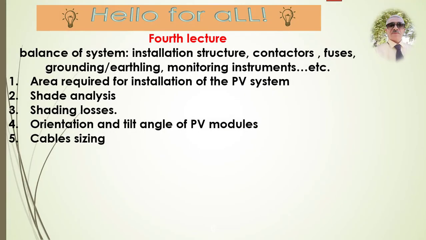In the fourth lecture, we will discuss the other components of the system, which is called the balance of system, such as installation structure, contactors, fuses, grounding or earthing, monitoring instruments, etc. Also, we will discuss the area required for installation of a photovoltaic system, and shade analysis, shading losses, orientations, and tilt angle required for photovoltaic modules.